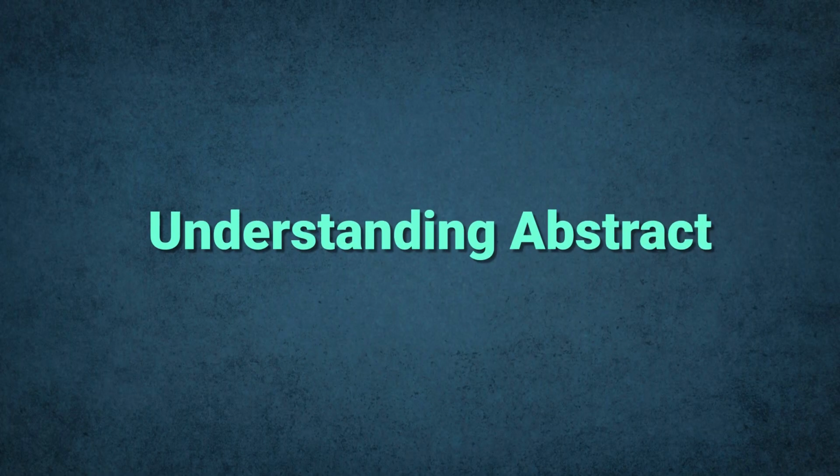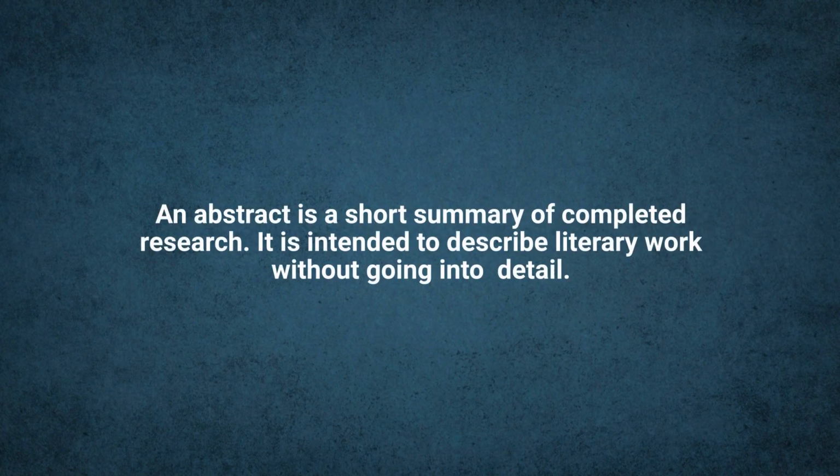Now, first of all, let us take up abstracting service. First of all, understand what is an abstract. Abstract is a short summary of completed research or any completed work, you can say. It is intended to describe a literary work without going into detail. Exactly, that is what I was informing.